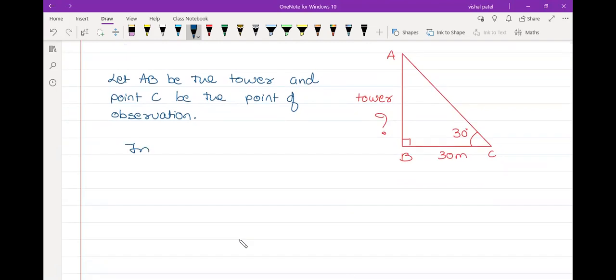So in triangle ABC, it is tan 30, sorry, not sine. Yes, tan 30. It is opposite upon base. So tan 30 is 1 upon root 3. AB we don't know. BC is given as 30.